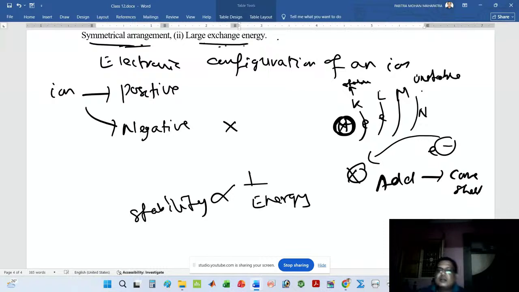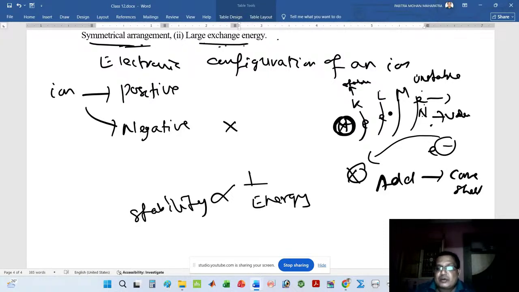Tell me, from which shell will you remove an electron? If you remove it from the N shell, it is very easy because it is highly unstable. The electrons are also unstable. So electron removal from the N shell is easy because the N shell is the valency shell.